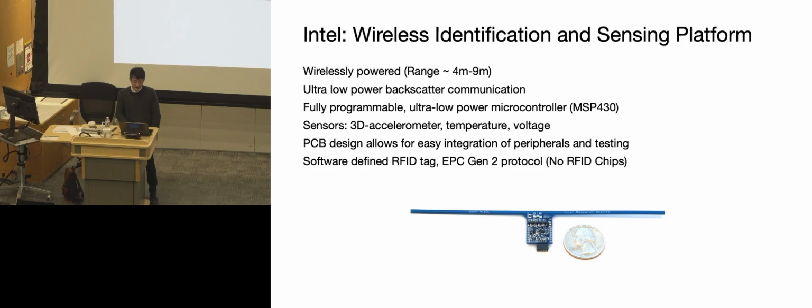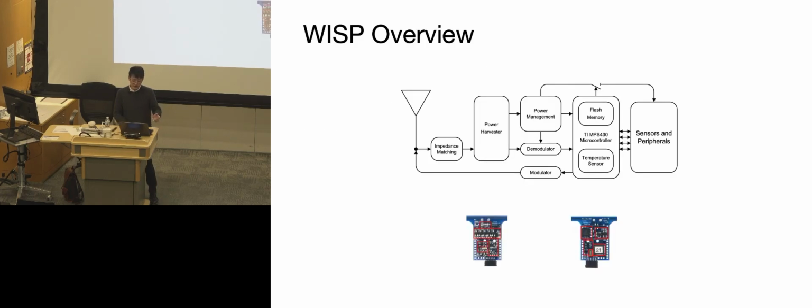There are researchers working on this, harvesting this energy, the same principle as RFID, and using the stored energy to do a little bit more than that. They embedded sensors like an accelerometer, and there's a little microcontroller on board to do some programming as being told to do. The chip is called WISP.